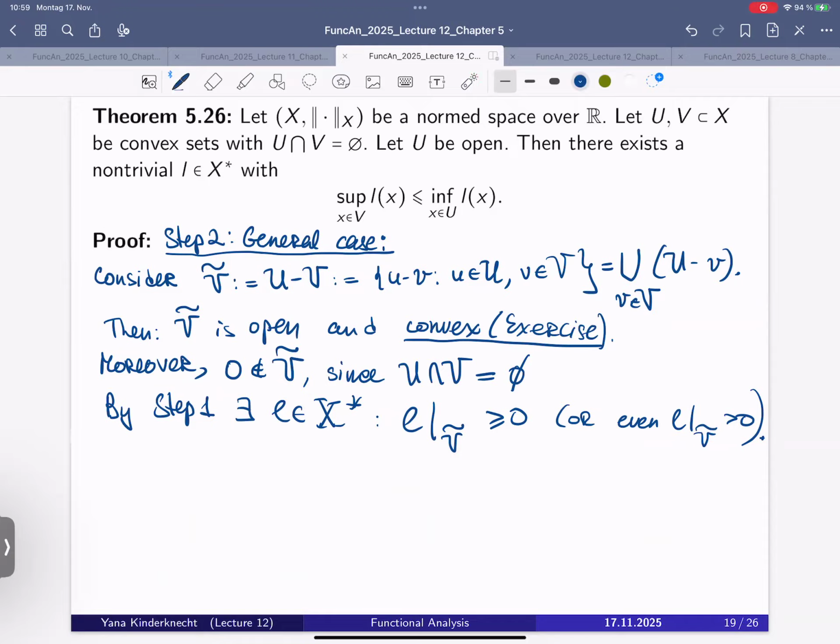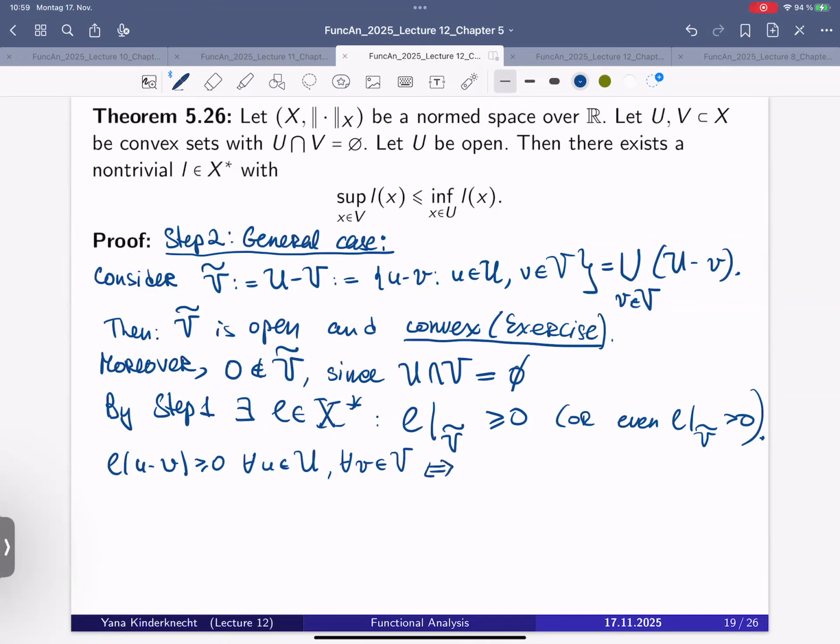Okay, but what does it mean that L of u minus v is bigger or equal to zero for any u in the set U and any v in the set V?